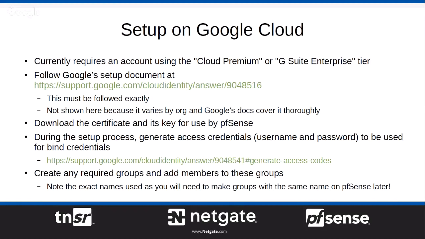It's literally F, W, admins, plural, all run together, no spaces. That's a group on our Google Cloud accounts, and we have users that we have added to that group. Then I make the same group on pfSense, and that's what we're going to start going over.